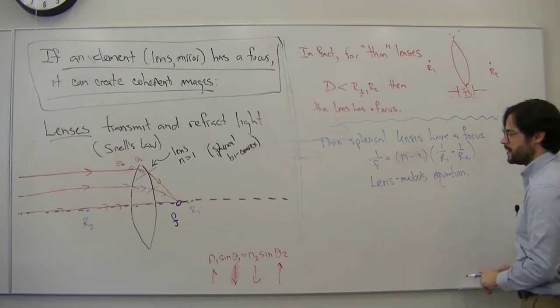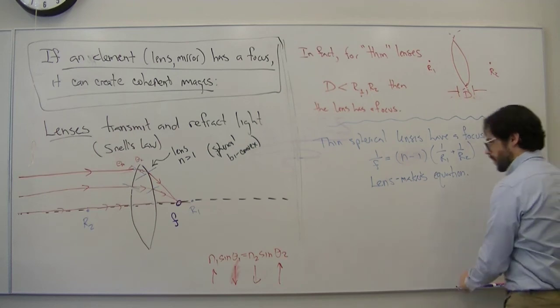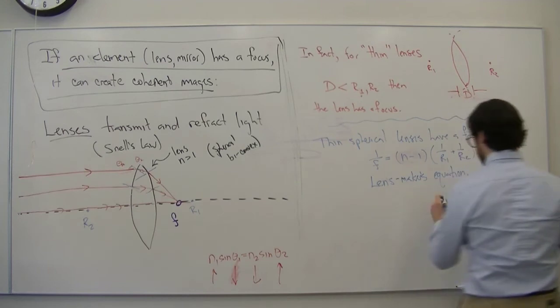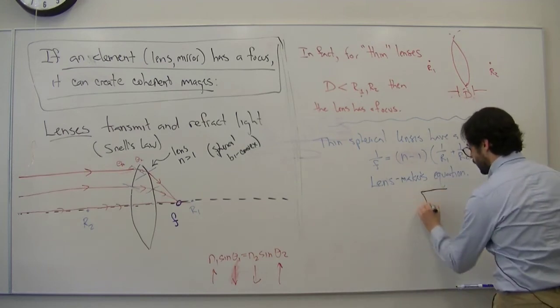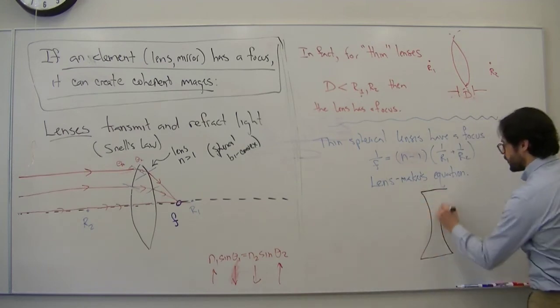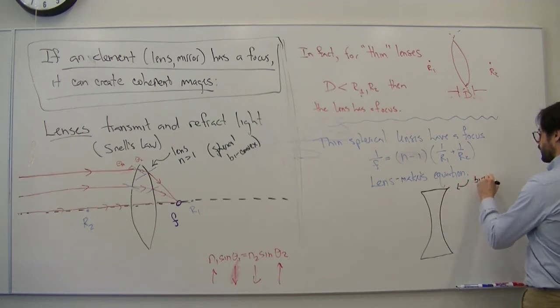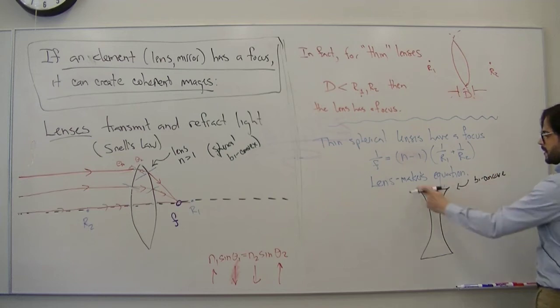So here's a good check-in to see how well you're doing with the idea of Snell's law. Let's do the same thing, but for a biconcave lens. This is a biconcave lens, which is to say both of these sides hold water.